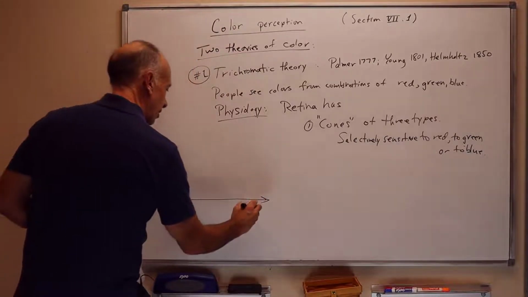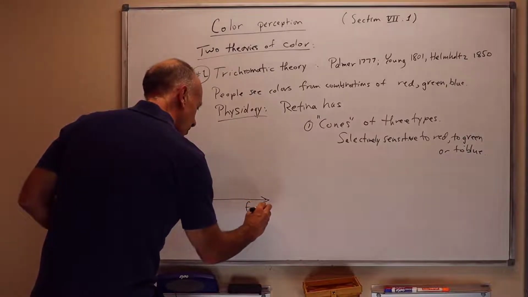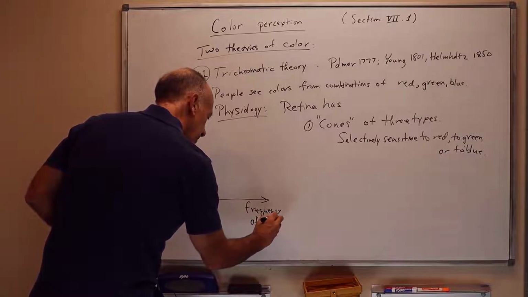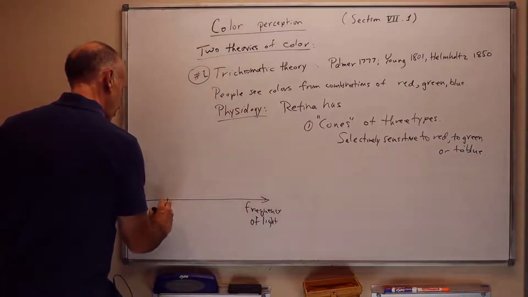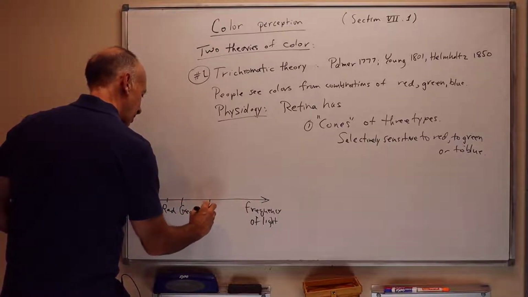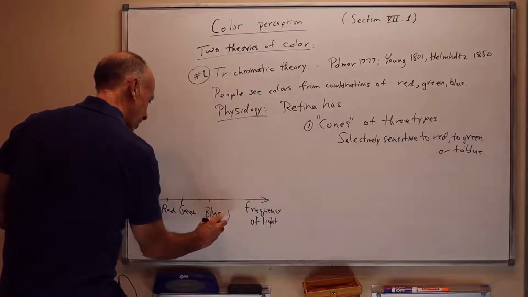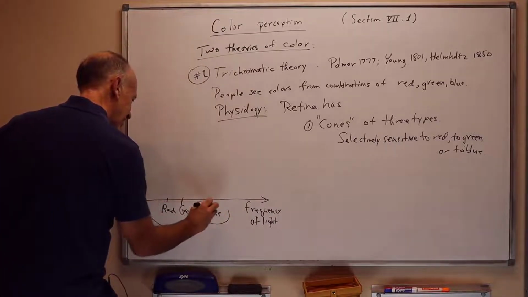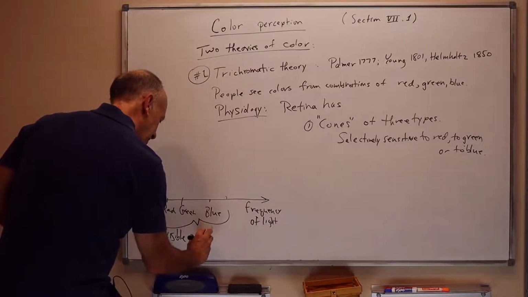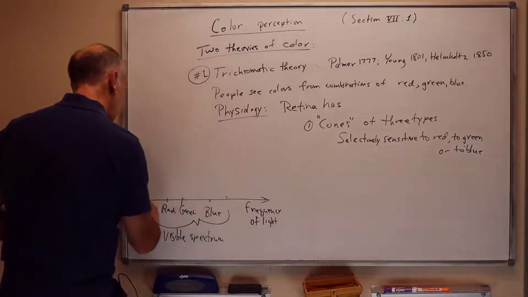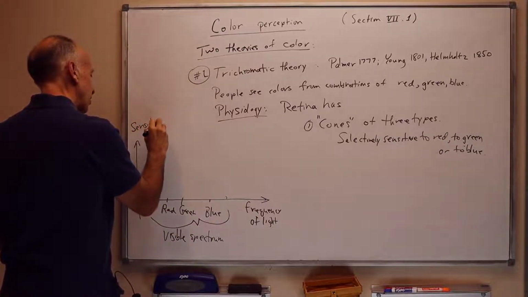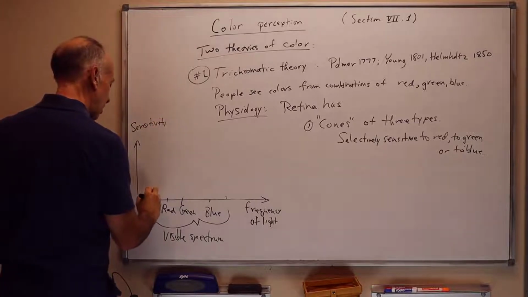So if we have here a graph with frequency of the light waves, and we'll say red is about here, green is about here, blue is about here. The visible spectrum is going to be someplace along this part of the graph. And if we were to graph sensitivity, so this is sensitivity of a cone to a light frequency, we'd have the red cones.